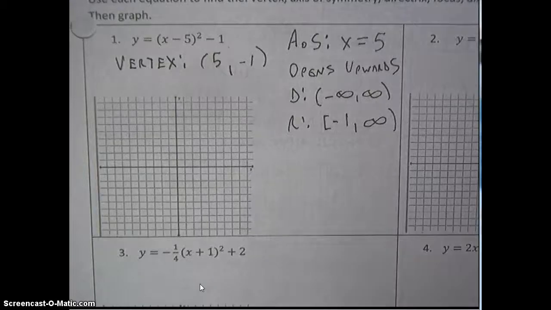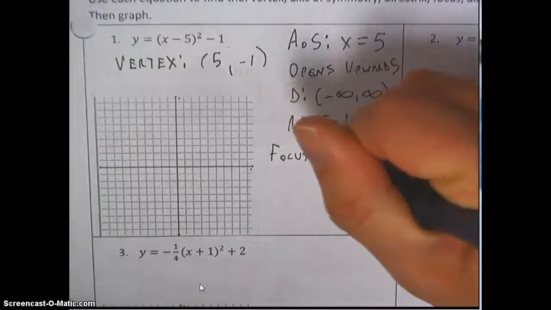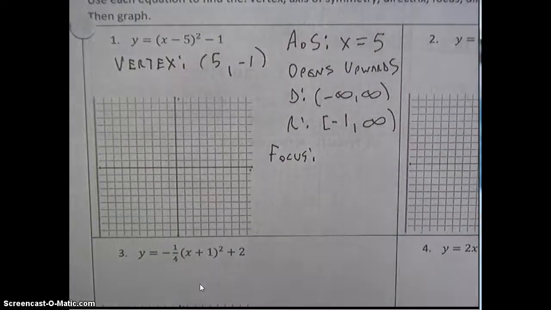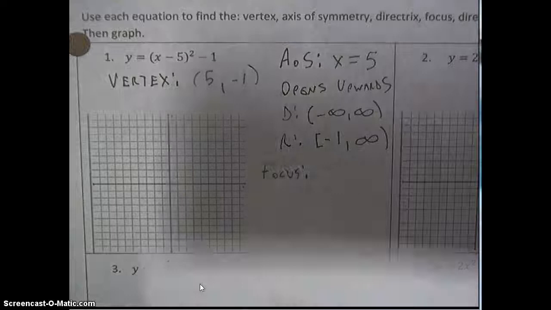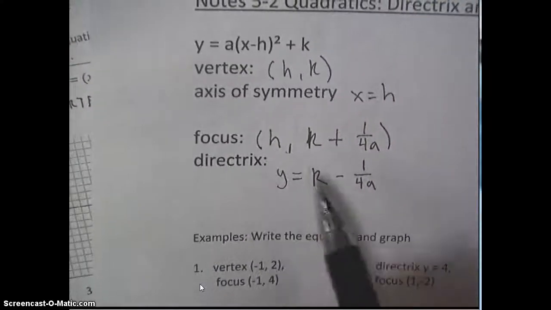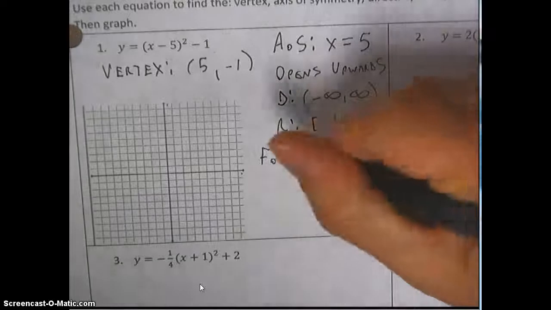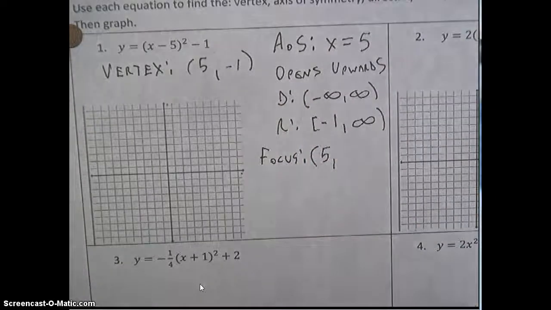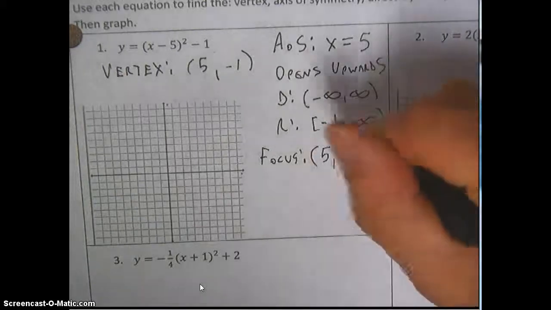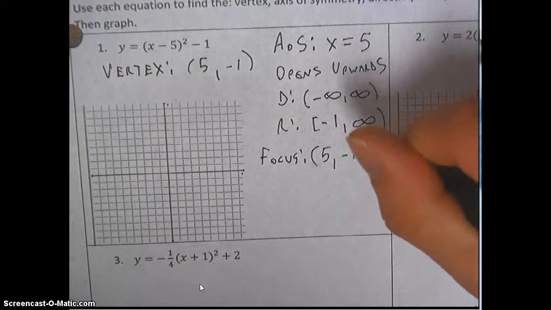The new stuff, the focus. Well, the focus, I said, if I go back over this sheet, is h, comma, k plus 1 over 4a. So the h is just 5, and then the k is negative 1, plus 1 over 4a.